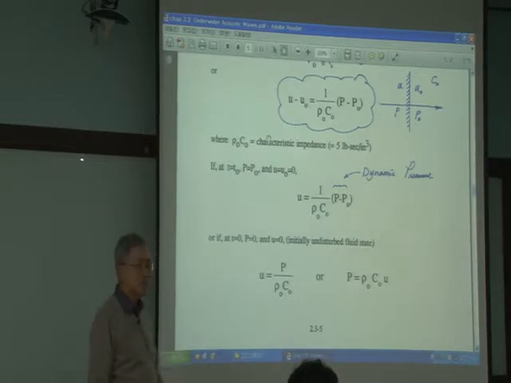Because this is so basic, so important, you can't afford to lose it from your mind. Shock pressure is equal to impedance, rho C, times U. U is the fluid particle velocity behind the shock wave. Okay? That much important.